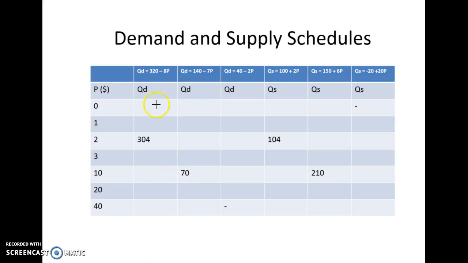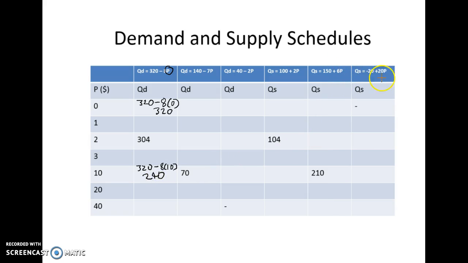Okay, so this is the first one, working out schedules. Very easy, we've done it before, so you just need to substitute the price into the equation. So 1 would go there, 3 would go there, 10 would go there, etc. So 320 minus 8 times 0 is going to be 320. Over here, 320 minus 8 times 10 is 320 minus 80, which will be 240.